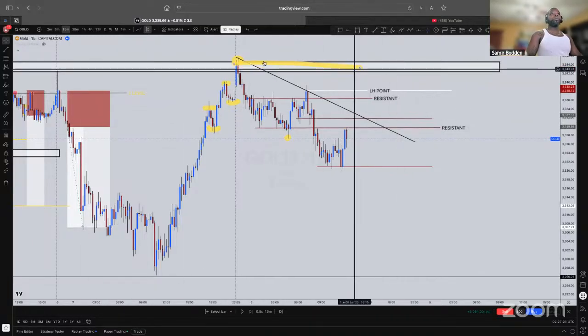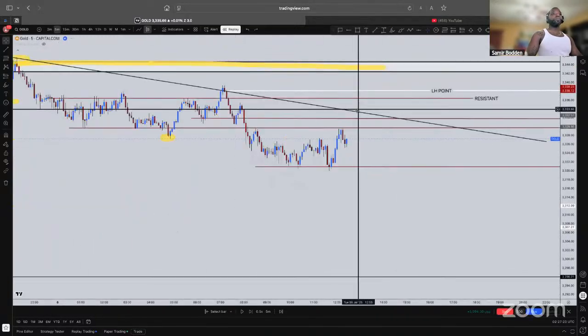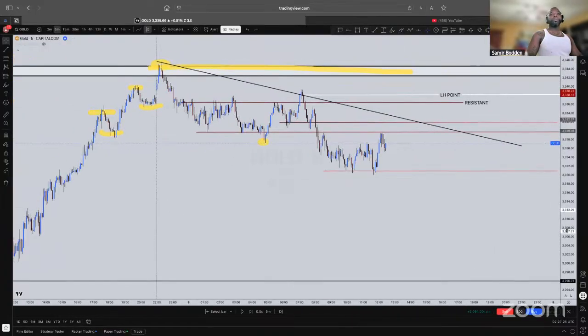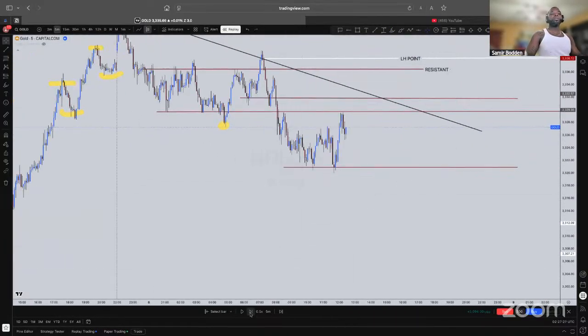So right here, what we're going to do is let the market play out a little bit. I will be looking to see a shift back to the downside, some kind of pattern, like a double top or a triple top right there. So now what I'll be expecting is some kind of break or retest up there, like right around here.